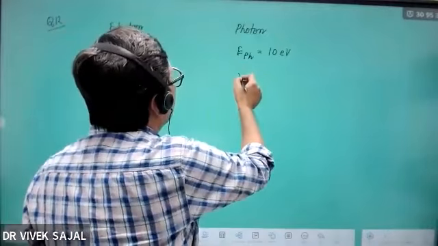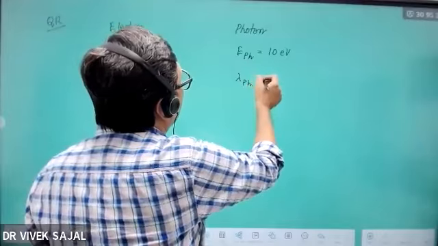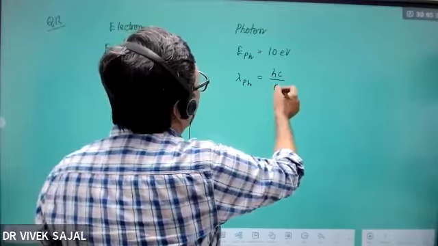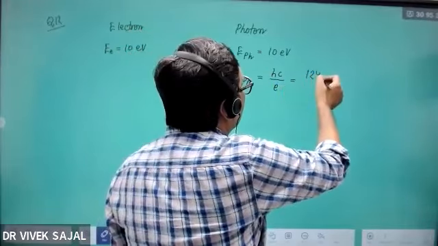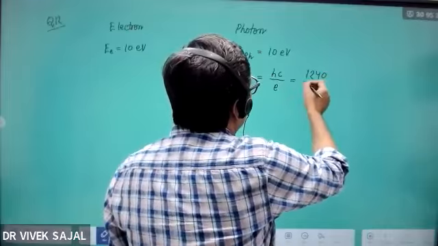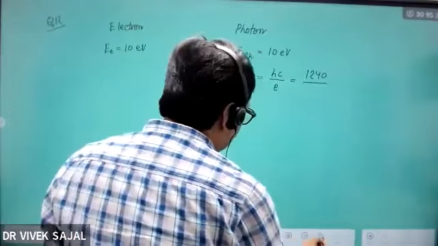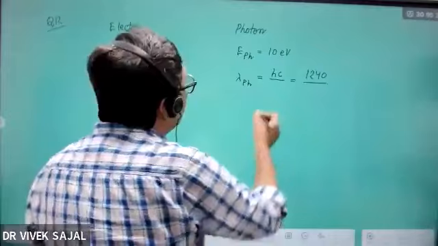I find out here lambda photon. How much will it be? hc upon E. So this will be 1240. Sorry, what did I write, it should be capital E, total energy, E photon.